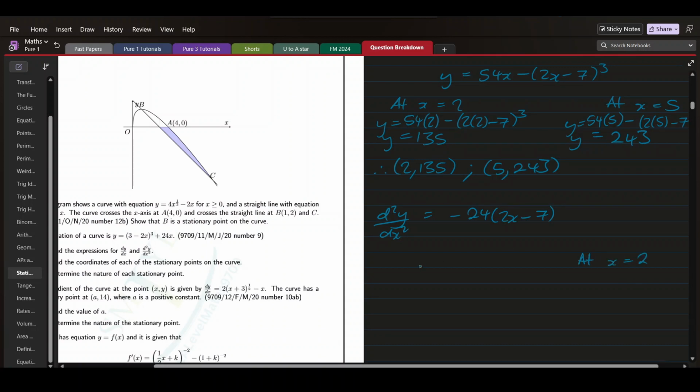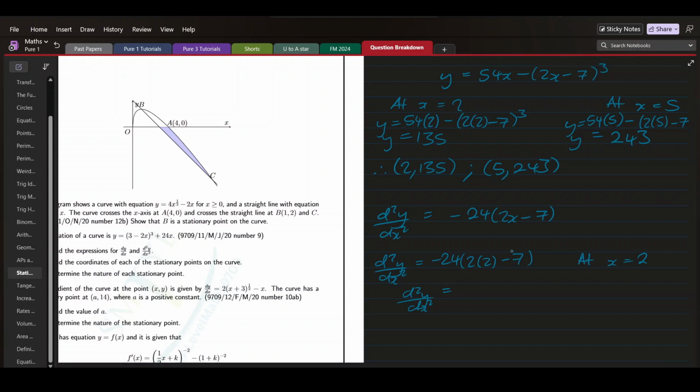At x is equal to 2, d squared y over dx squared is equal to negative 24 times (2 times 2 minus 7), and this gives 72.